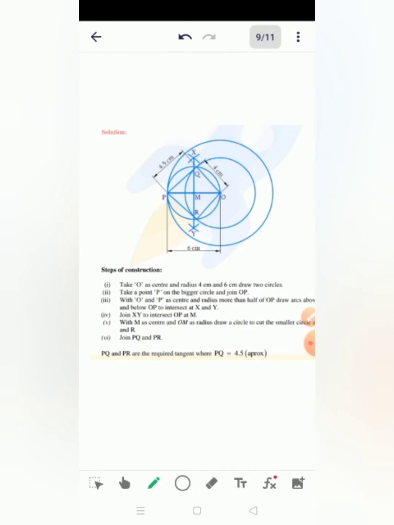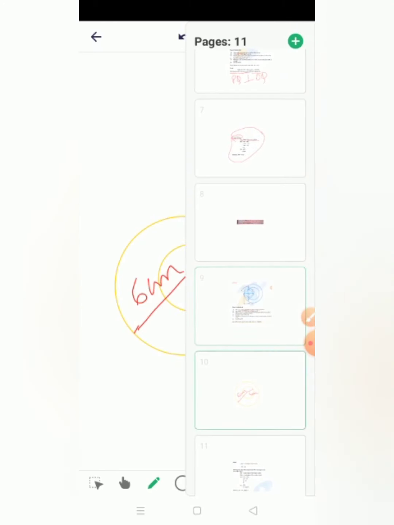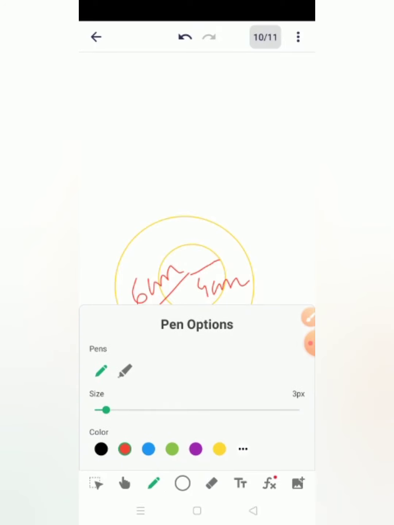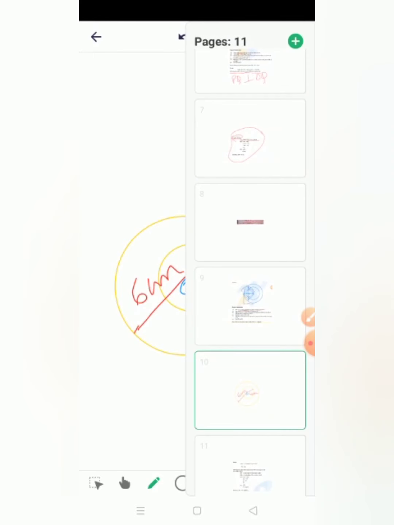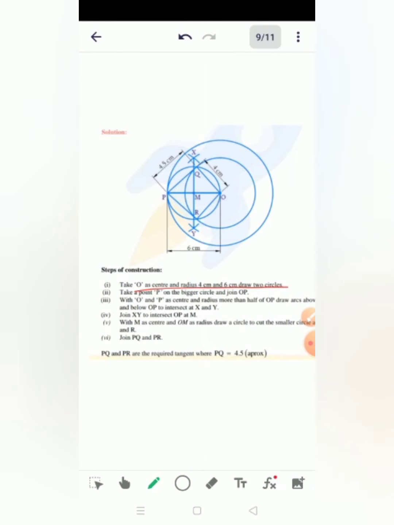After this, you see the step: taking O as center, we need to draw 2 circles. So you name this center point as O, the center of the circle. After that, the next step is taking point P on the bigger circle and joining OP.